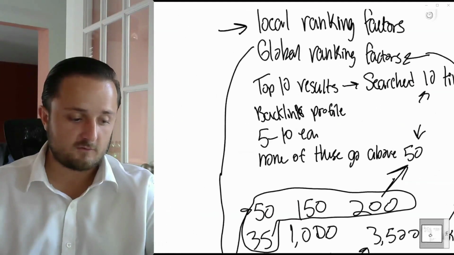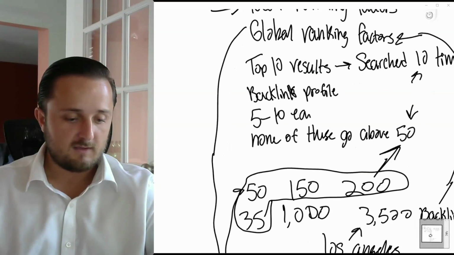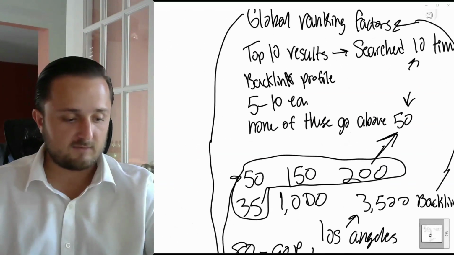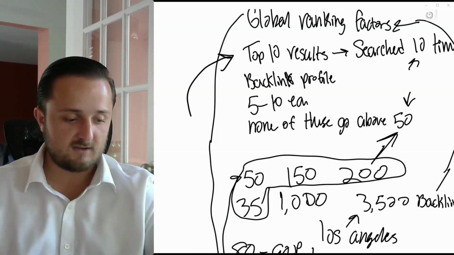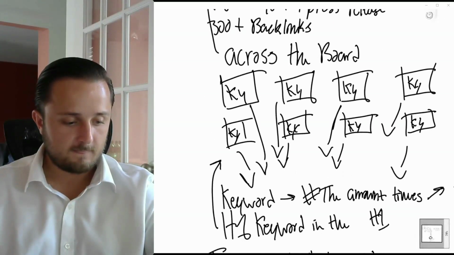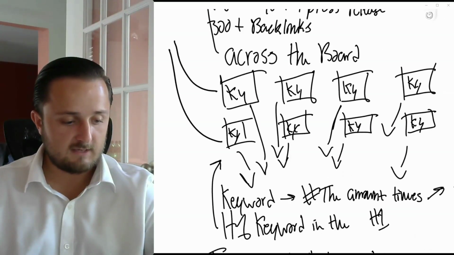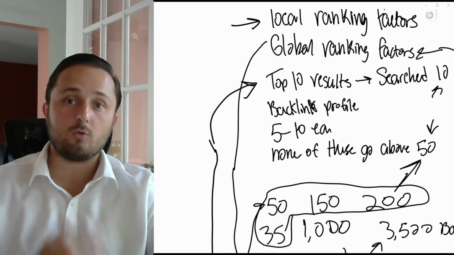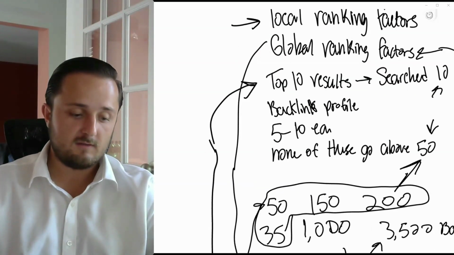When we go and search these 8 keywords and we search it 10 times and we take the top 10 results each time from all of these 8 different keywords, we can get an idea of the global ranking factors.